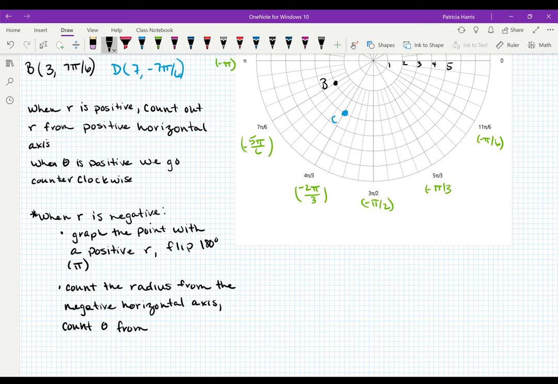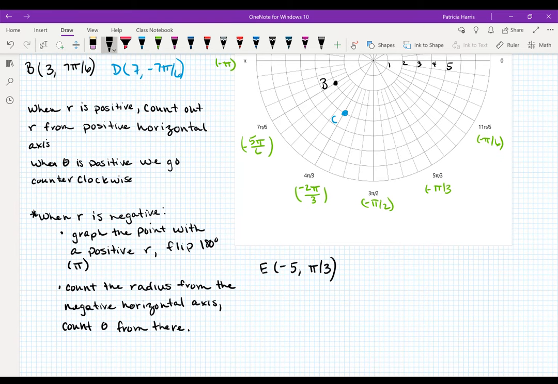Now, since angle is rotational, your values on your polar graph can change position. So this method I think is a little bit harder unless you're really good with rotations. Let's try a couple. Point E, let's do negative 5, pi over 3.